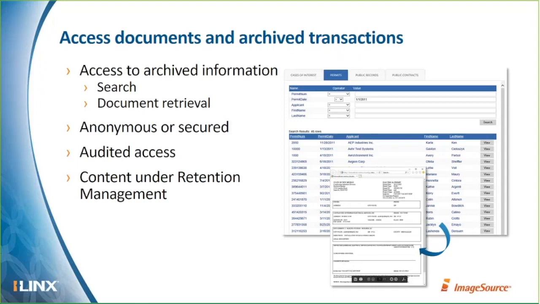And these can be anonymous or secured. So if you're thinking public documents, they don't have to authenticate. They can just hit a system, run some searches, use some documents, or they can be secured to a specific user or group of users. And this information is audited, so what they're doing in the system is audited, and of course all of this content can be placed under retention management rules.